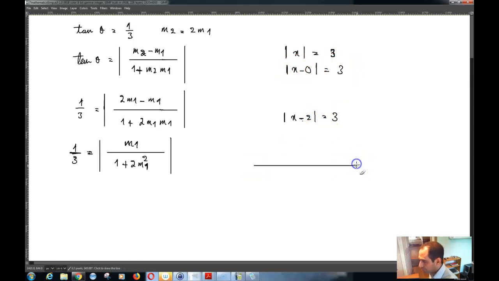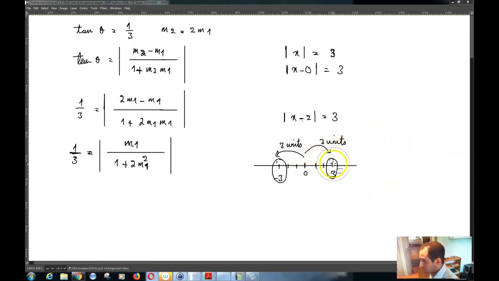Meaning that if this is 0, 1, 2, 3, and -1, -2, -3, the distance between x and 0 is 3 units. So 1, 2, 3 units, that's one of the numbers, and this is the other number. So this is 3 units, and this is also 3 units.